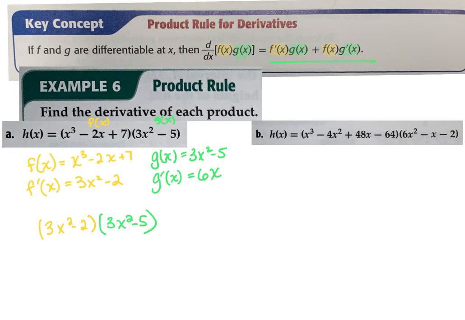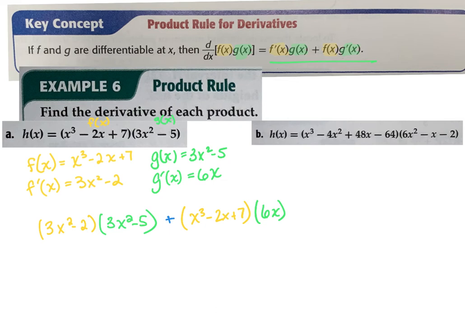And then I'm going to add my first one just the way it is, that's x cubed minus 2x plus 7, times the derivative of my second one, that is 6x. You're just plugging it into your product rule.